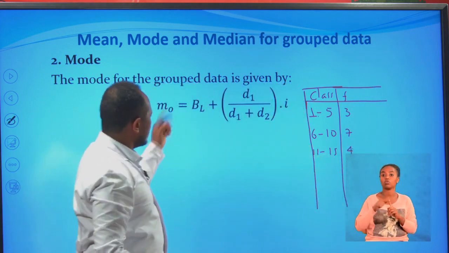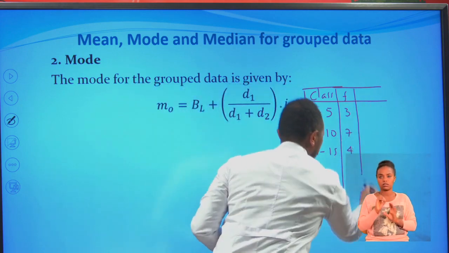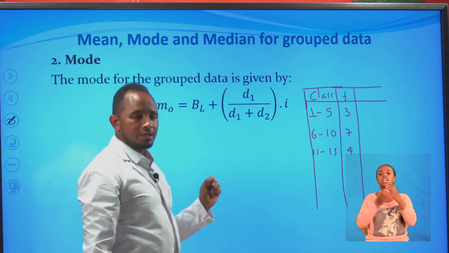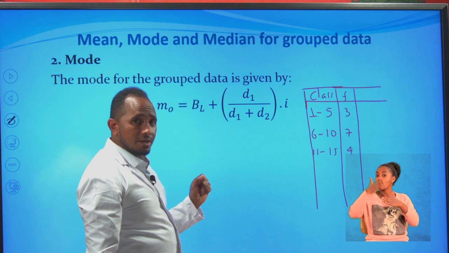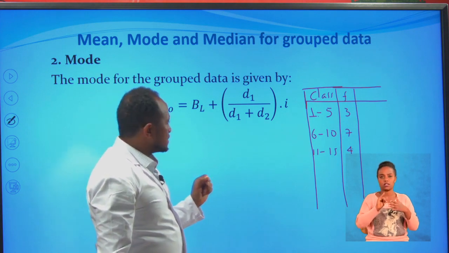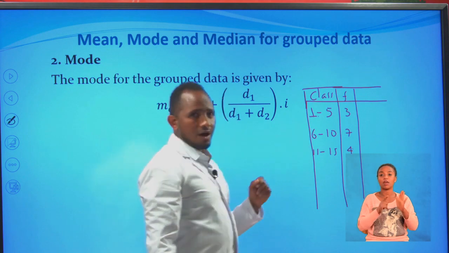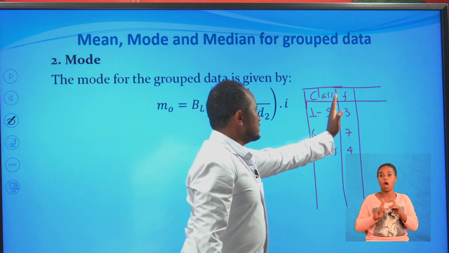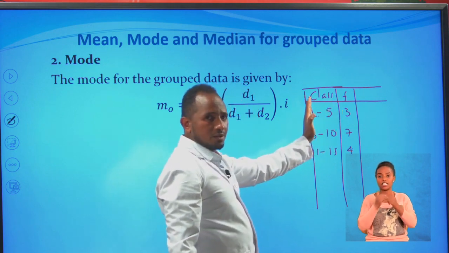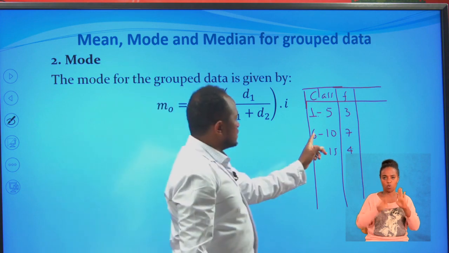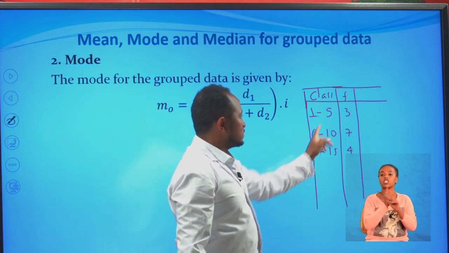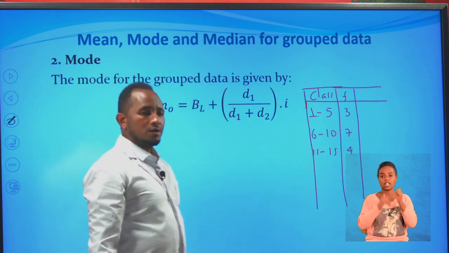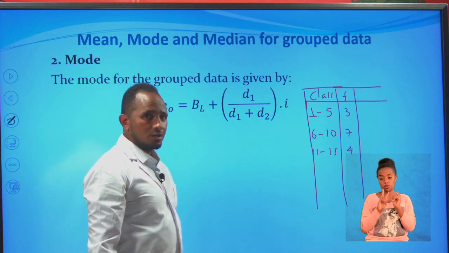To find the mode, we need to find the class boundary. The class boundary is obtained first by determining the correction factor. After determining the correction factor, you add it to the upper class limit and subtract it from the lower class limit. For this case, the correction factor is obtained by taking the difference of these two and dividing by 2. So 6 minus 5 is 1, divided by 2 is 0.5.